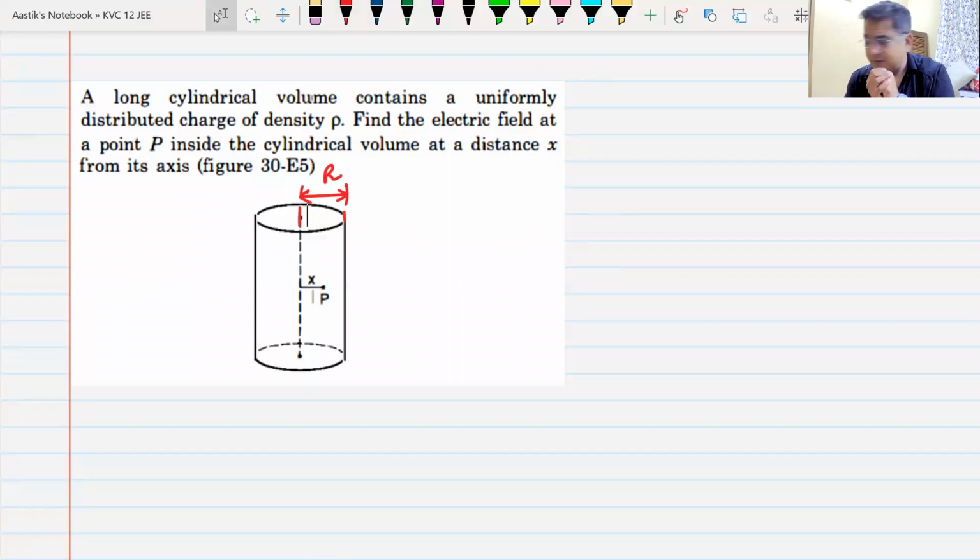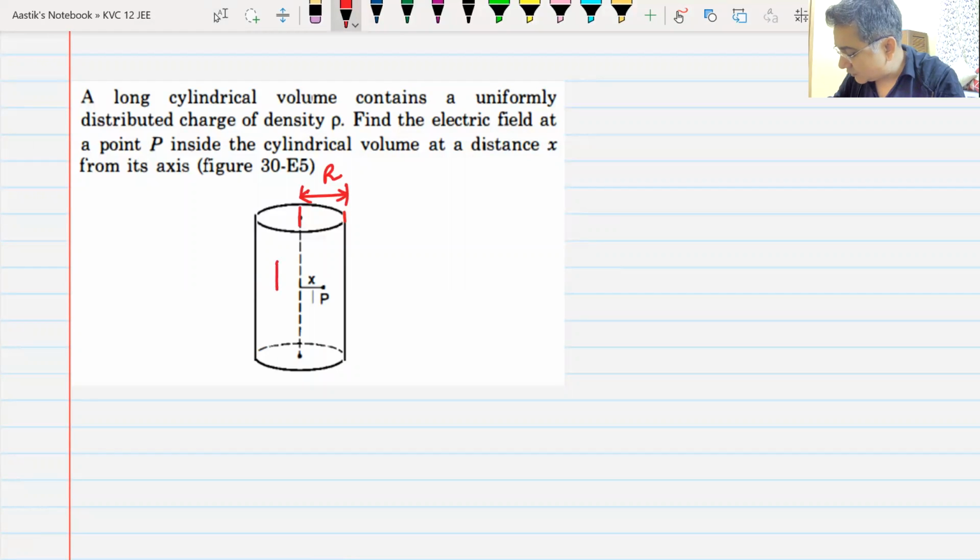Okay, tell me, how are we supposed to do this? Remember, it's a cylindrical volume, so the only way you can make a Gaussian surface will be in the form of a cylinder. So I make a Gaussian surface in the form of a cylinder here.